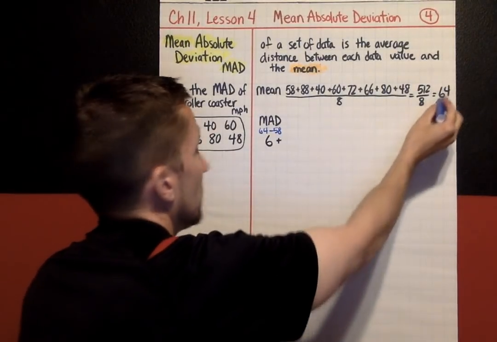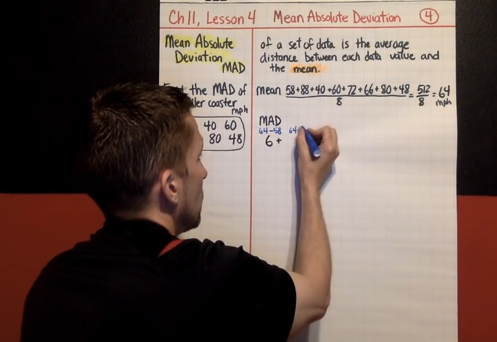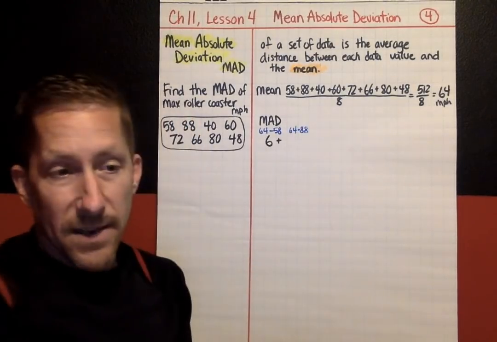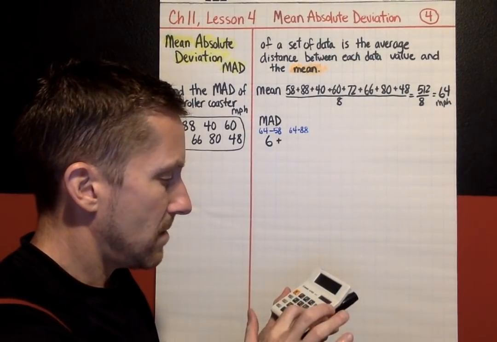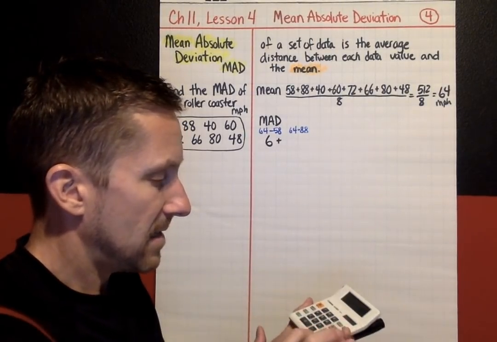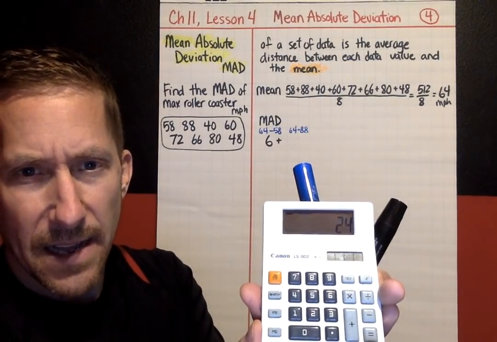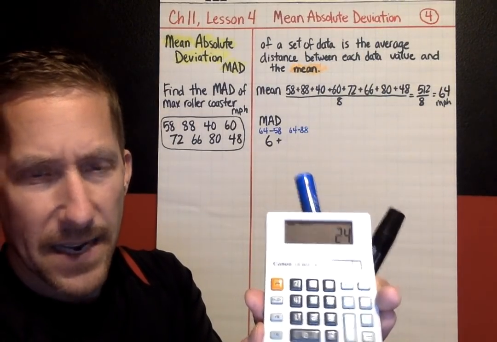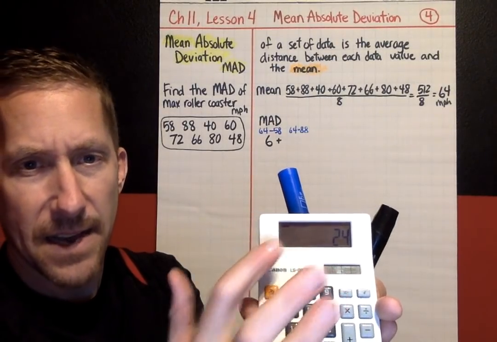So then I'm going to take 64 minus 88. So when I type that in my calculator, 64 minus 88 equals, not sure if you can read that, it tells me that I got 24, but it also gives a negative sign.